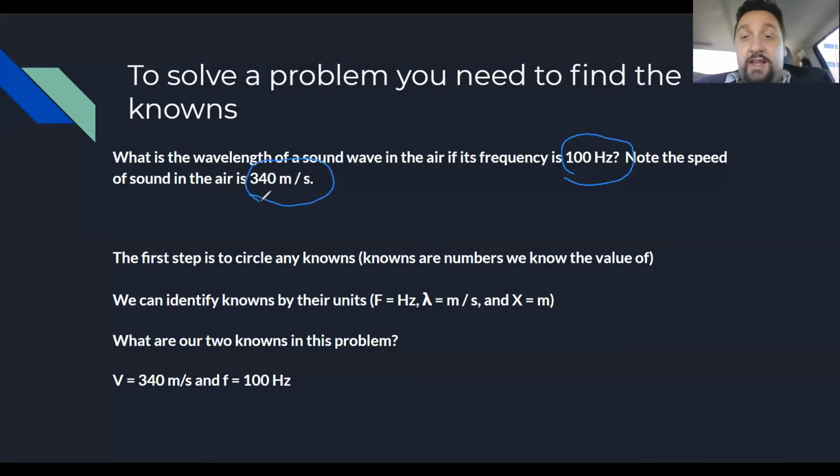Then, after we've identified them, we need to identify what they are. Since that's hertz, that's a frequency, and since that's meters per second, that's the velocity. Now, because of that, we can put it into our equation.